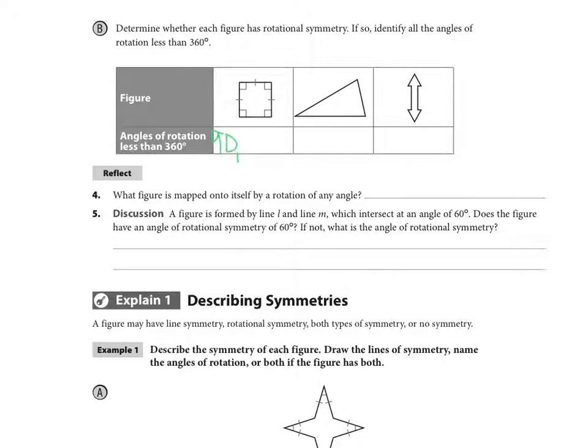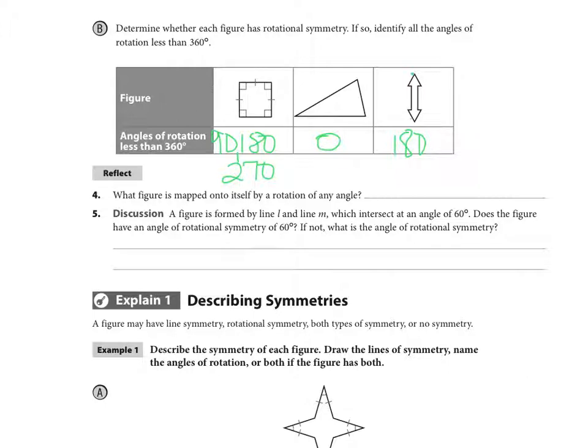And then we have 180 and 270. Again, the scalene triangle will have 0. And this arrow, it would take 180 degrees. There's only 2 points. 1, 2. 360 divided by 2 is 180. And that's how you would get that.